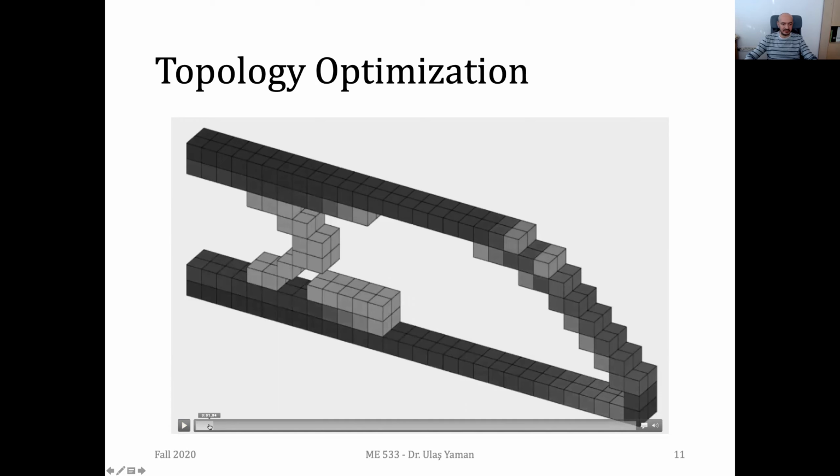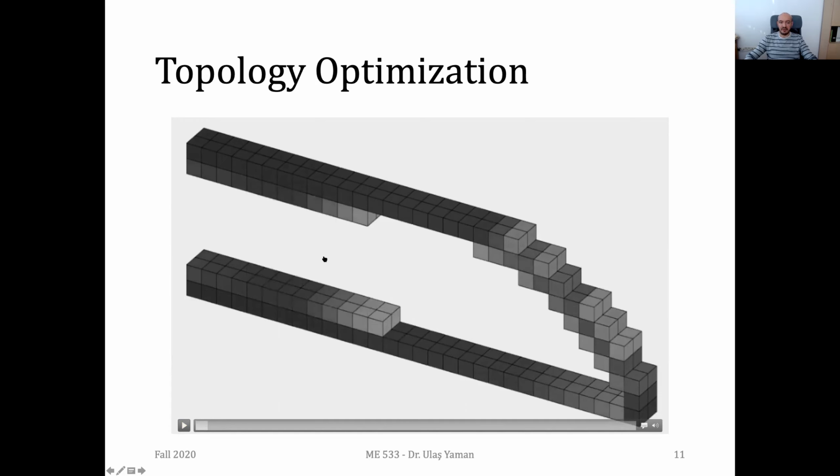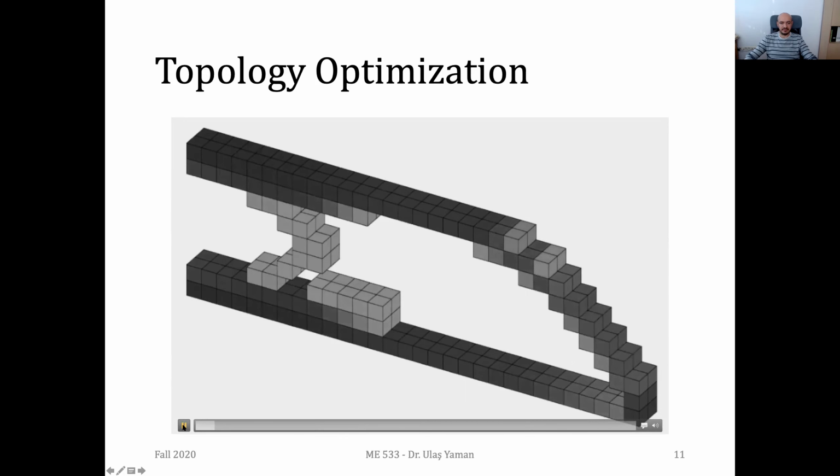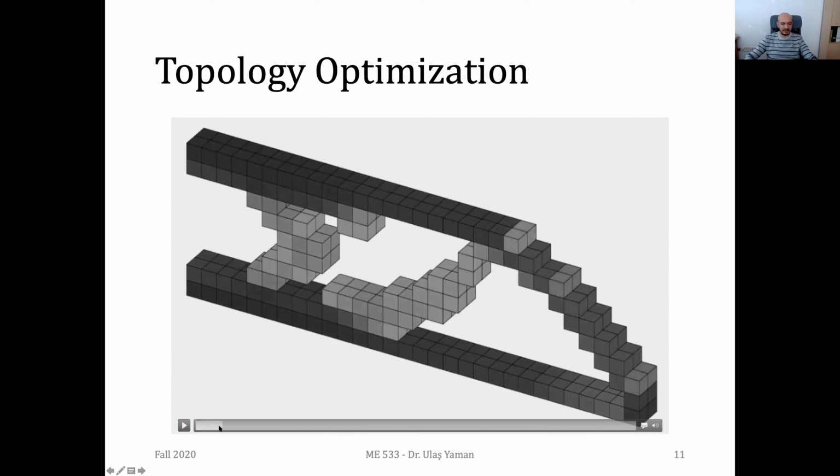Now at this point, we have a connection, a kind of truss structure is formed in between these 2 parts. And we have another, as you see, another truss structure is being formed, and it will be connected to this point.